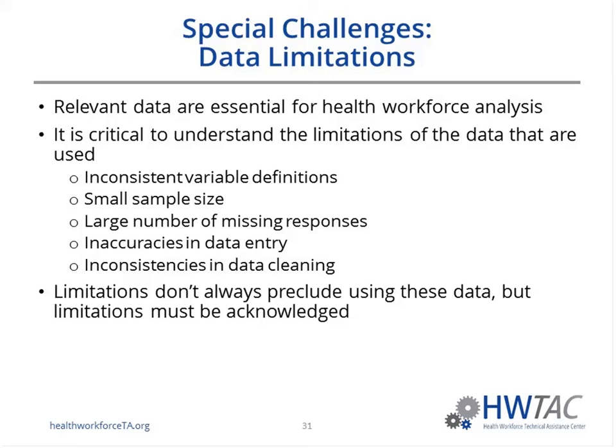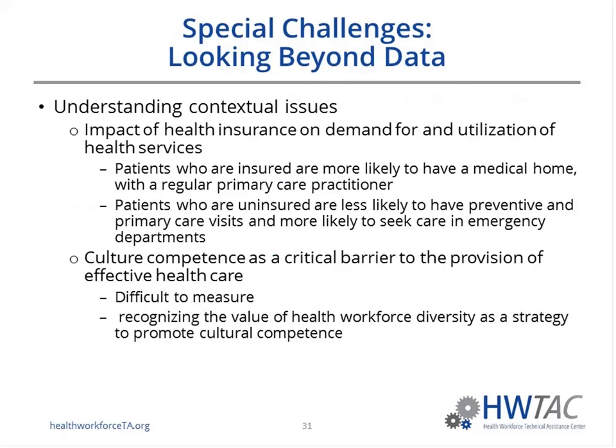And then inaccuracies on the receiving end, in terms of inaccuracies in data entry, data cleaning, and what you do with it once you get it. And let me just say that these limitations don't always preclude using these data, but you've got to know what you have, and you've got to make sure to acknowledge those limitations in any work that you produce using it.